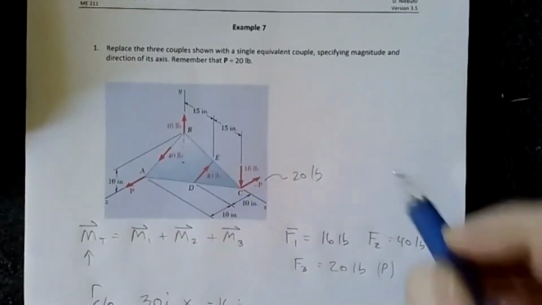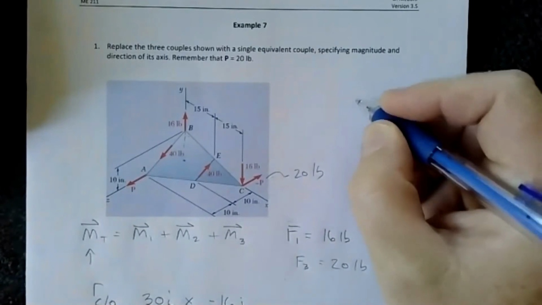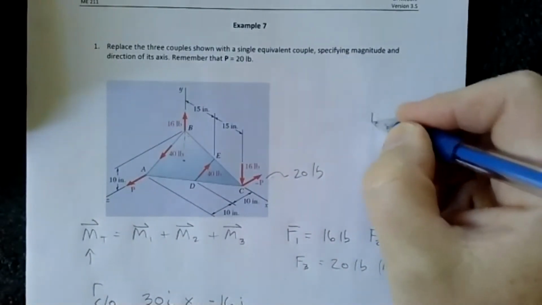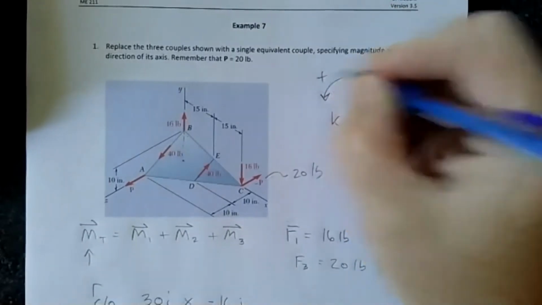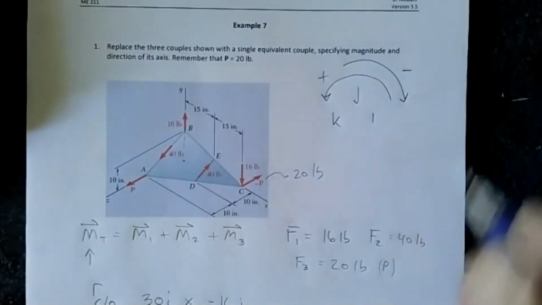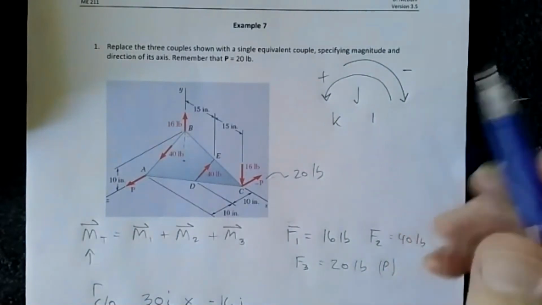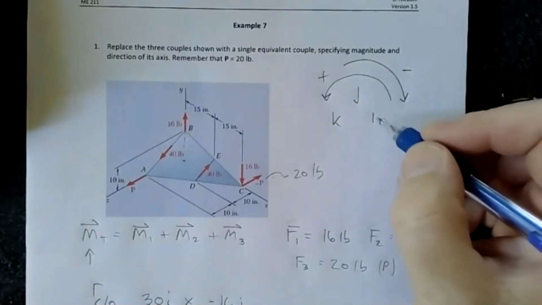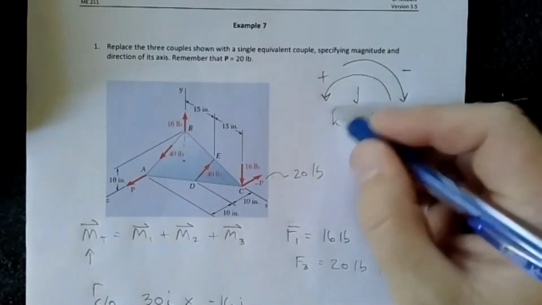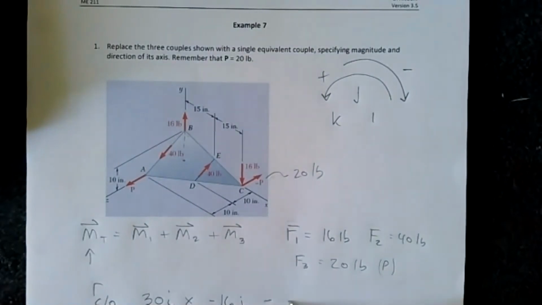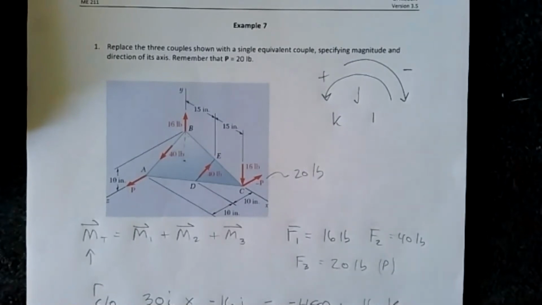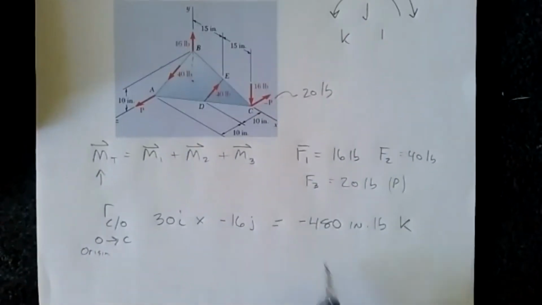Remember what I showed you: you can have I, J, K, and if you go that way, it's positive, and if you go that way, it's negative. If you don't remember, and when you get old like me it's easy to forget, I cross J going this way is a positive K. So that equals negative 480 inch-pounds K.